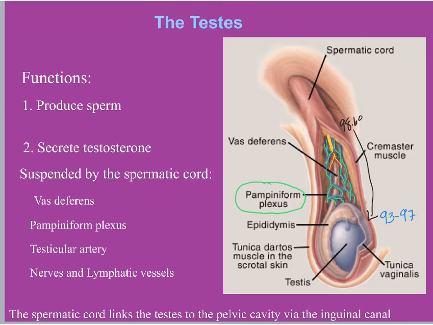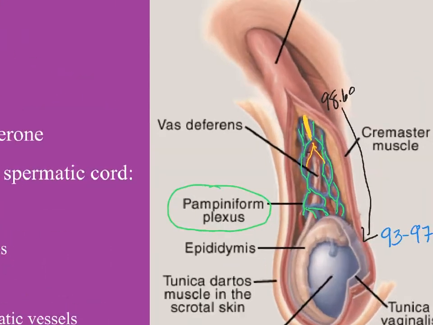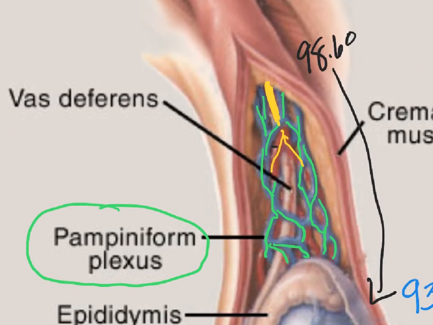So what will happen is some of that heat that's within that testicular artery actually gets pulled away and makes its way into the blood that is returning from the testes.